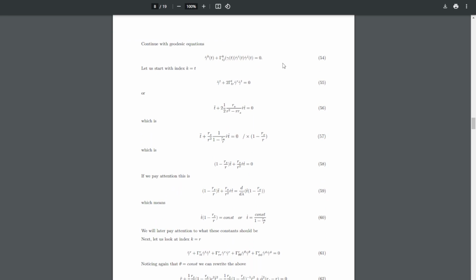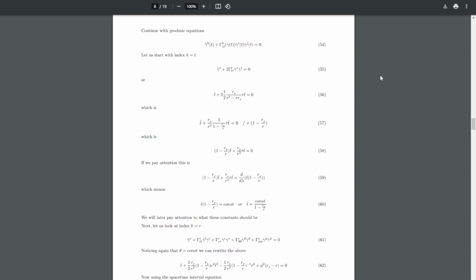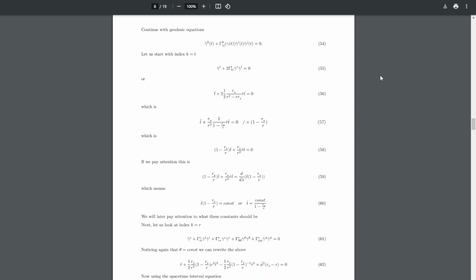Now, the geodesic equation is this one, gamma double dot k of t plus the Christoffel symbol k i j and so forth. And of course, this is a tensor equation. Now, if we want to obtain the equations of motion, we need to start picking some indices, because a tensorial equation contains within itself many equations, not just one.